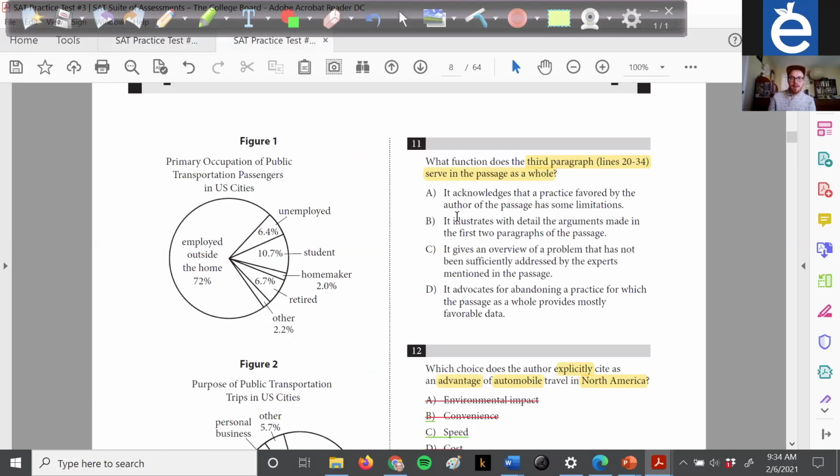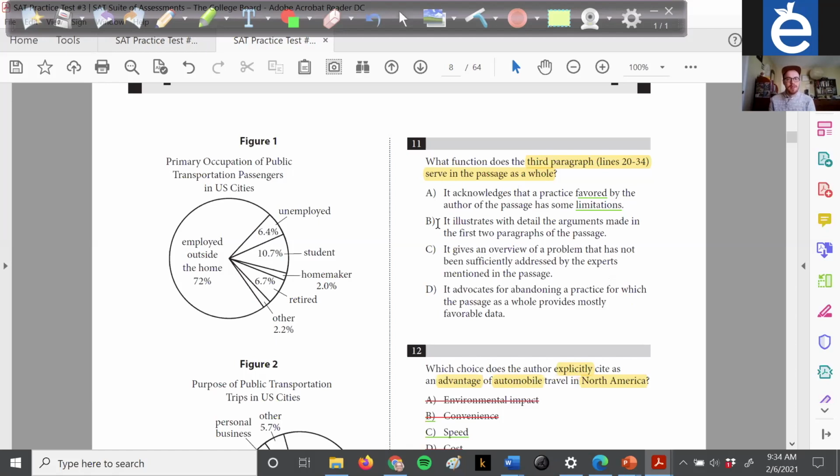So number 11, what does this serve in the passage as a whole? A, it acknowledges that a practice favored by the author of the passage has some limitations. Well, that does seem to be it. It's not forming a new conclusion. It's saying, no, I still favor this idea, but there are some downsides to it.